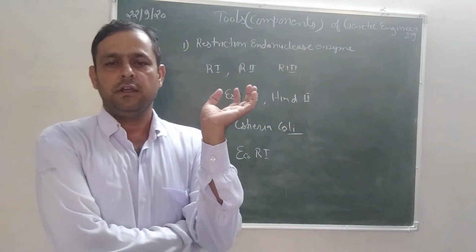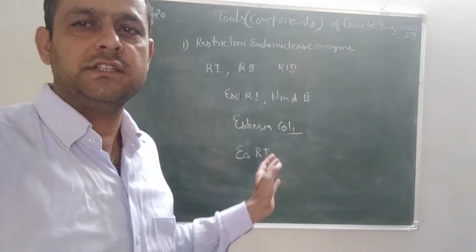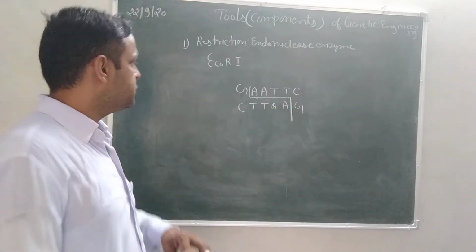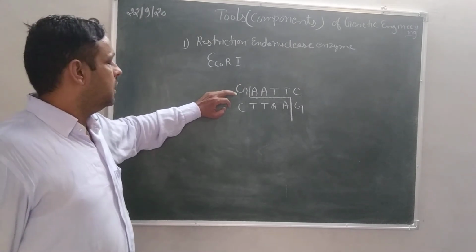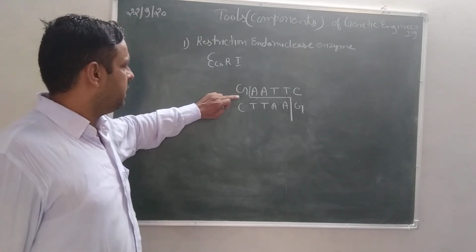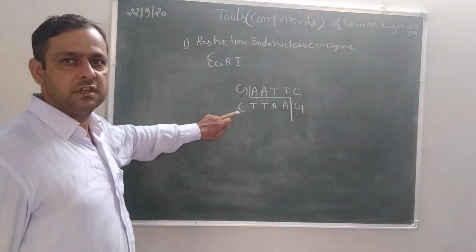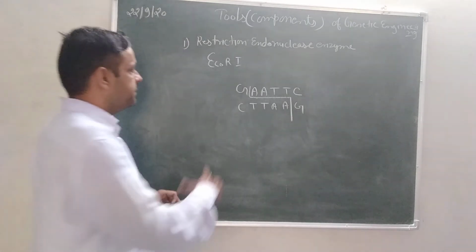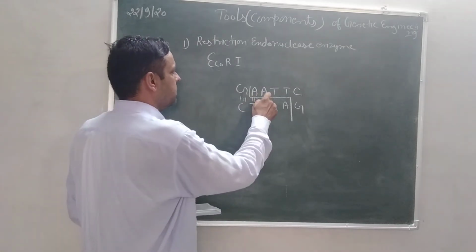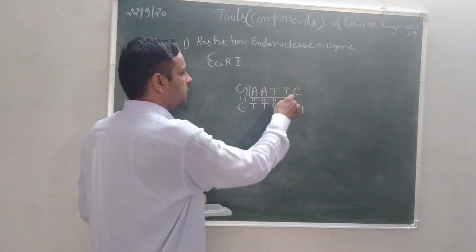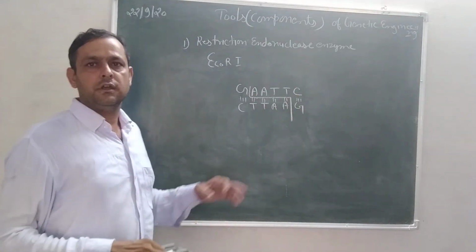EcoRI enzyme identifies the following sequence of DNA molecule and cuts in between base G and base A. For example, look at the board. As we know, G is always associated with C, meaning guanine is attached with cytosine, adenine attached with thymine with double bond, thymine attached with adenine with double bond, and cytosine attached with guanine with triple bond.